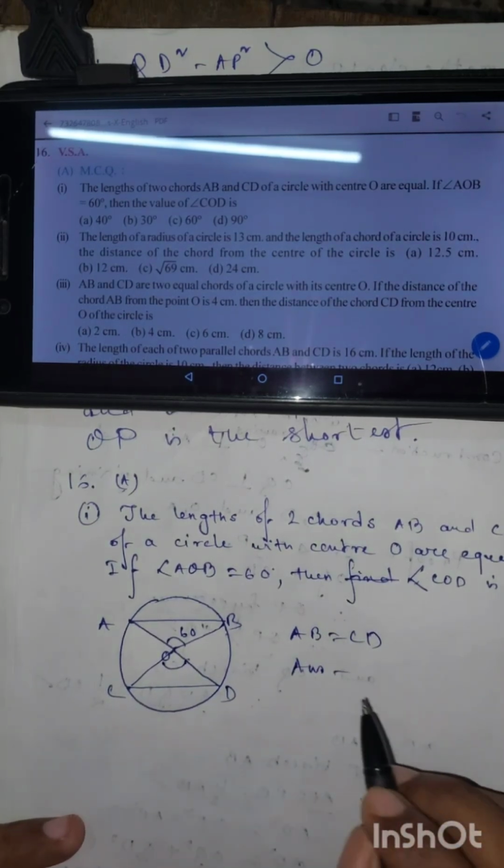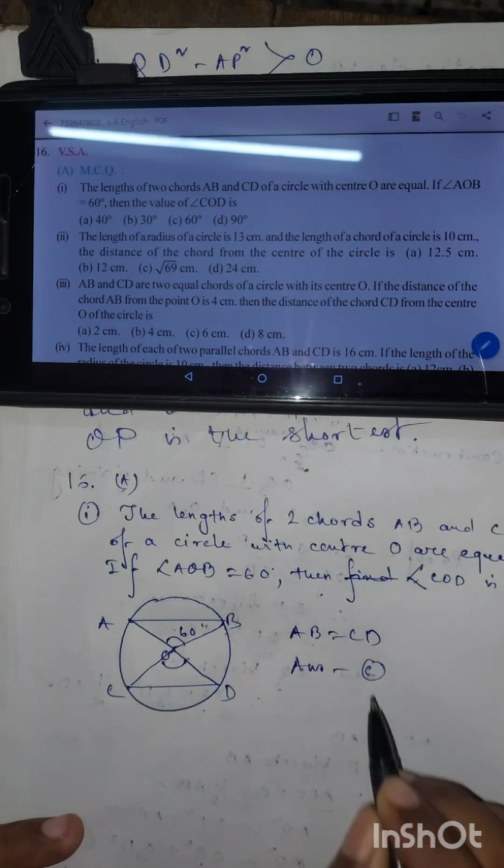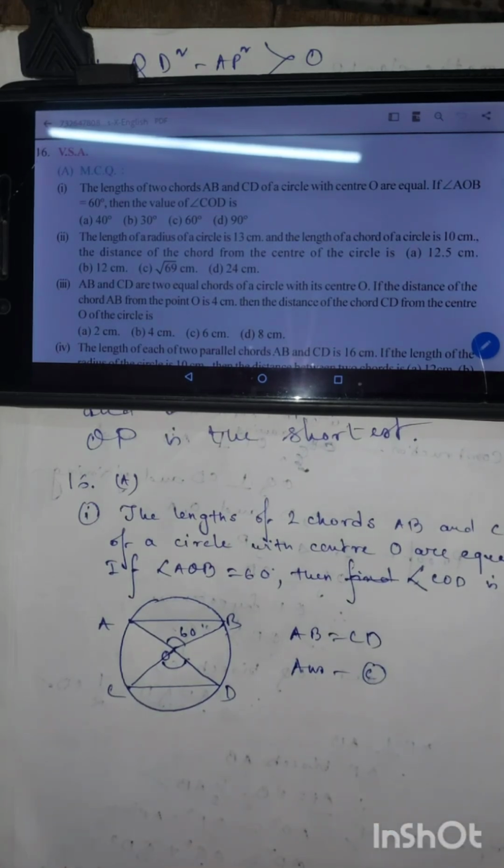So answer C is correct, because the chords of same length subtend equal angles at the center.